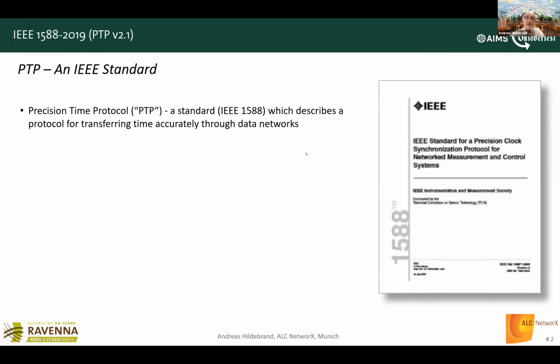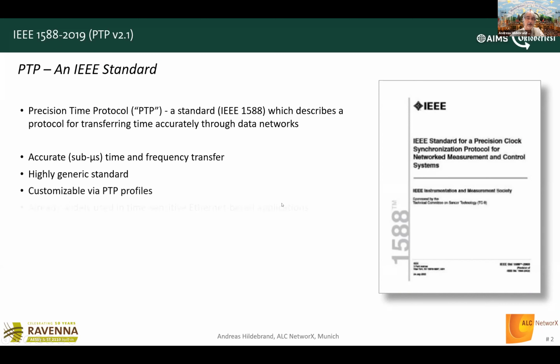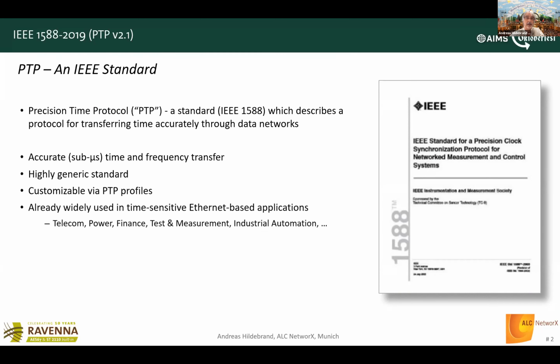First of all, for those who just vaguely know, PTP is an IEEE standard under the number 1588, and it describes a protocol for transferring time accurately through data networks. So we can achieve sub-microsecond time and frequency accuracy. It's a highly generic standard, so it is not just related to our media industry.